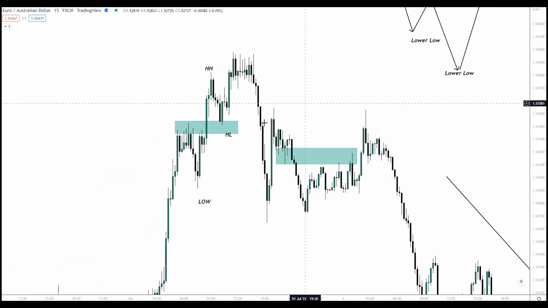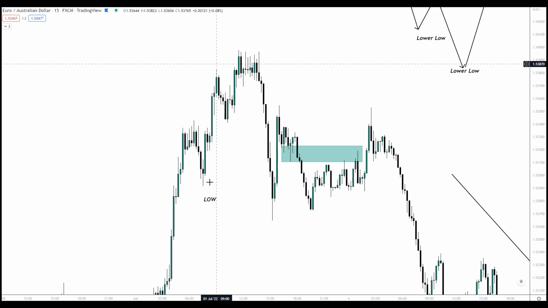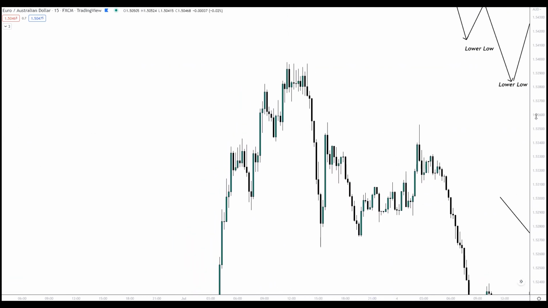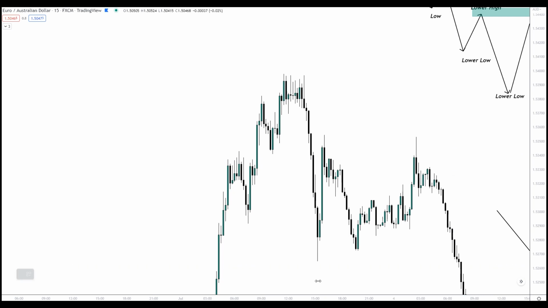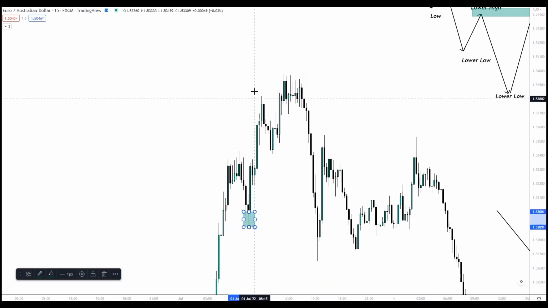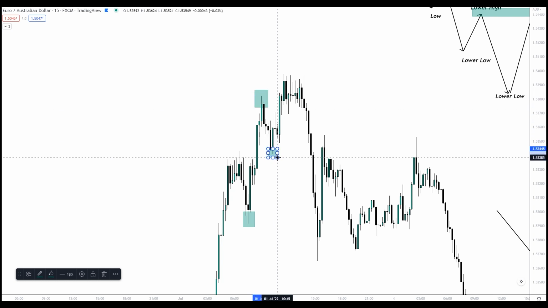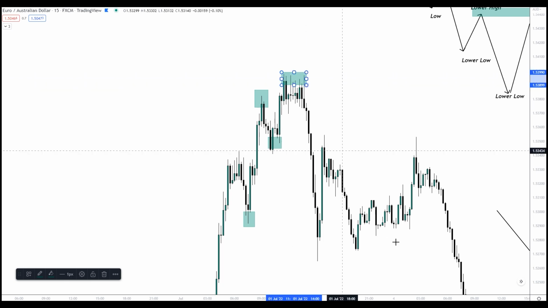So for example, if we look at this chart below, going over the previous examples, what can we see? Well, we can see that this was a low in the market, this was a higher high, this here was a higher low, just in and around that area, and then this was a higher high. Now, what did we see then?